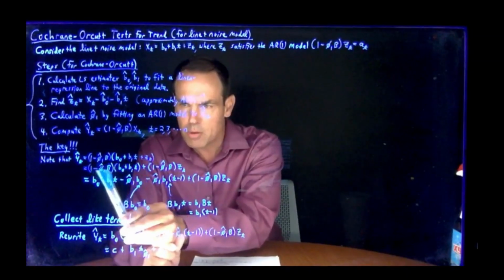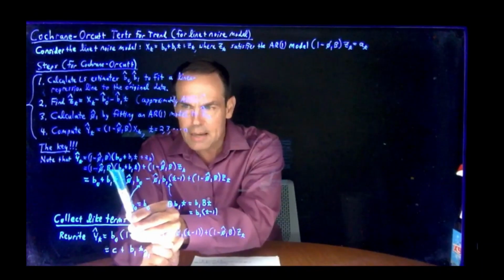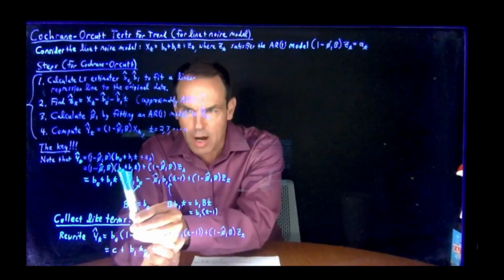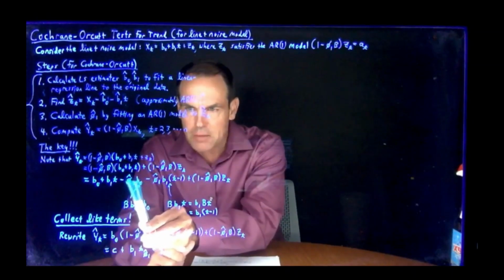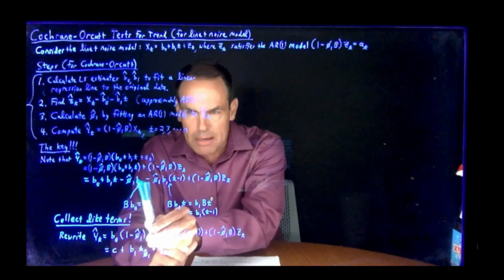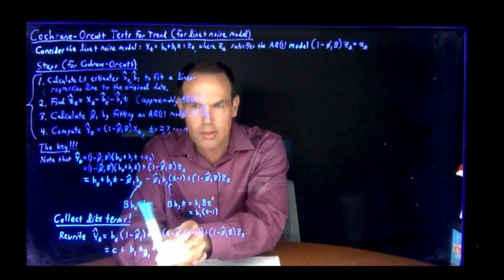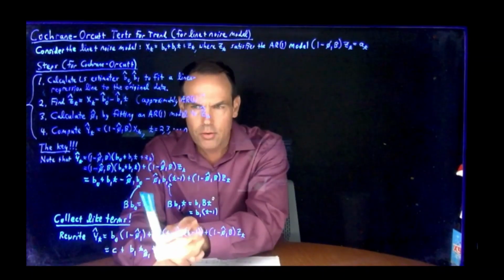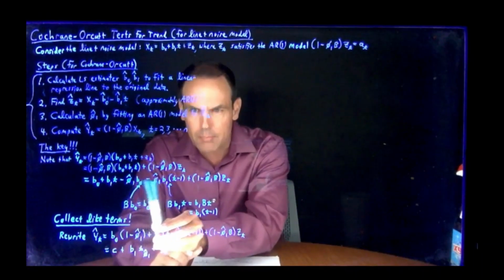That was simply by multiplying by 1, and then minus phi hat 1 times operator B times b naught. That just simplifies into minus phi hat 1 times b naught. Why is that true? Because operator B on a constant is just the constant. So that's why this turns into minus phi hat 1 b naught.